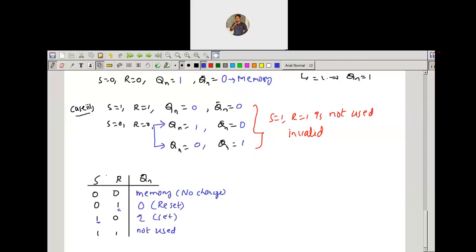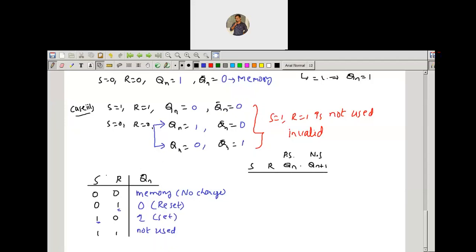Okay. So let me make one more table also. Here S, R, and Qn is the present state. Then what about Qn plus 1? This will become the next state.